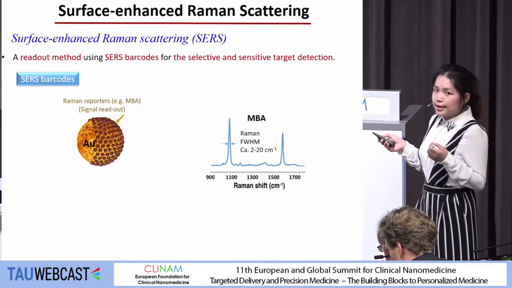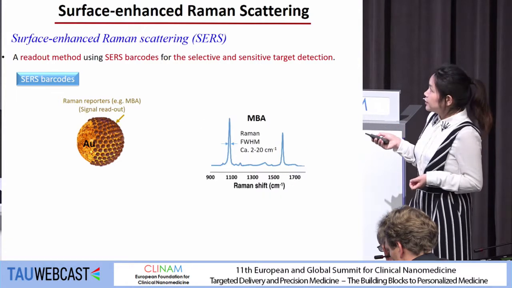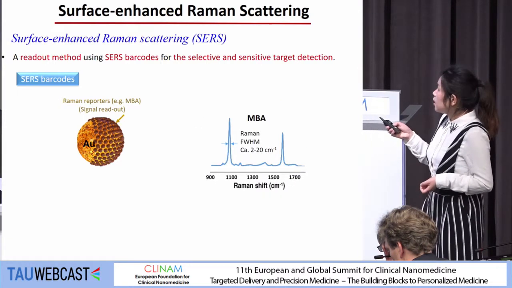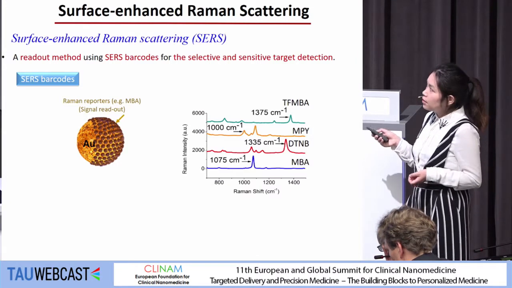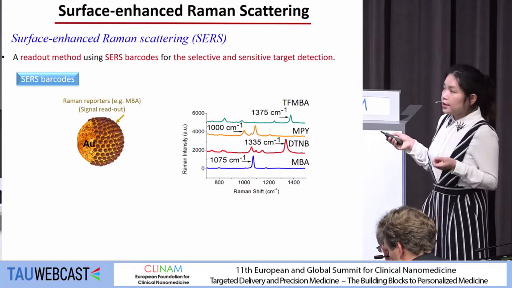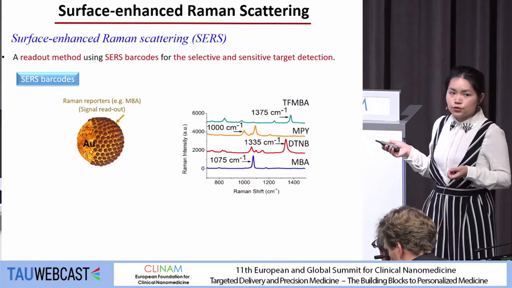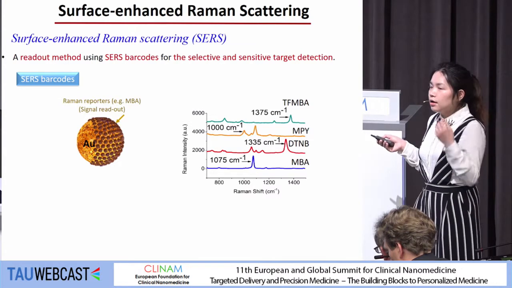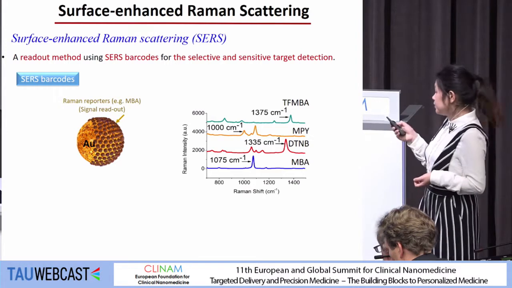Under laser excitation, it can generate a very unique Raman signal. You can also functionalize gold nanoparticles with other different reporters, and because the peaks are really unique, this enables a very high multiplexing capability to look at the CTC heterogeneity.